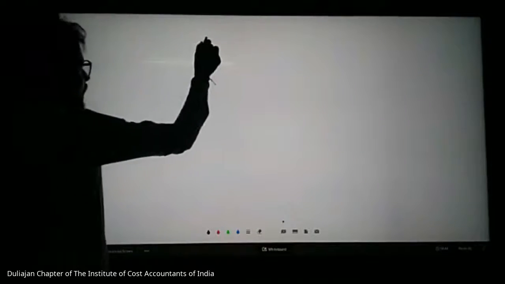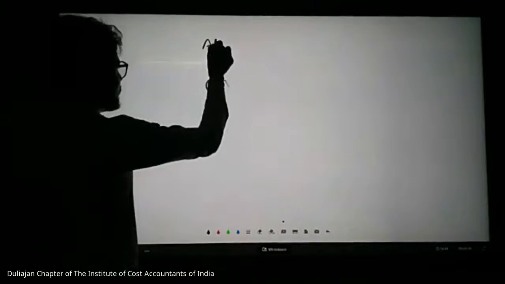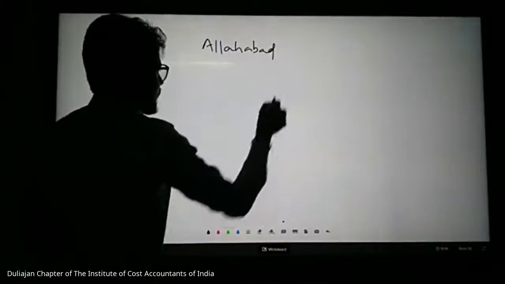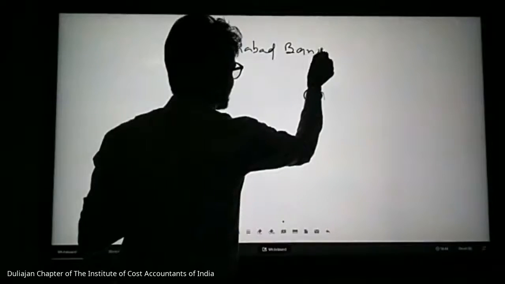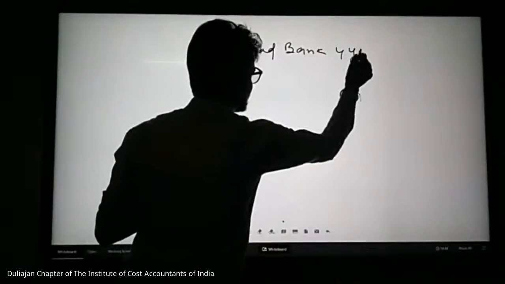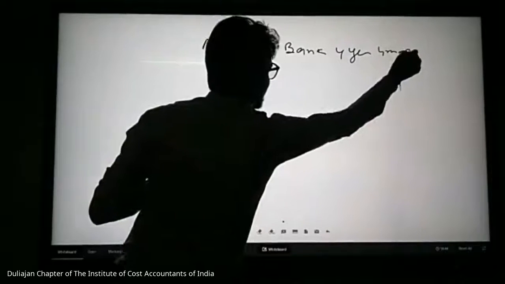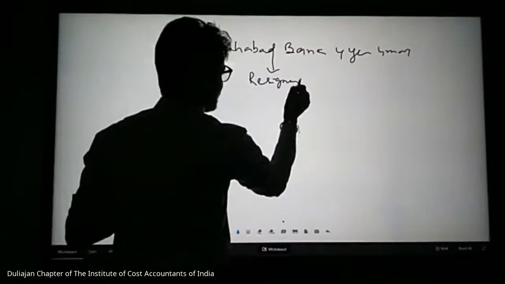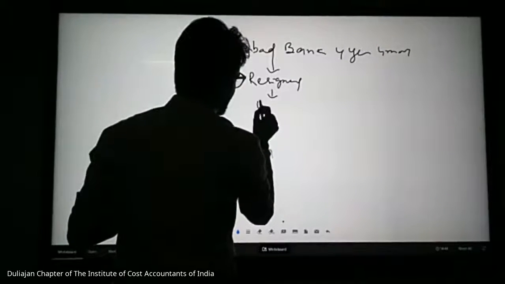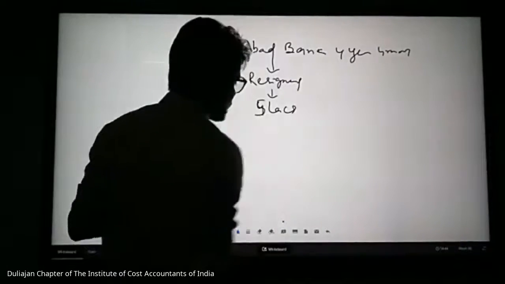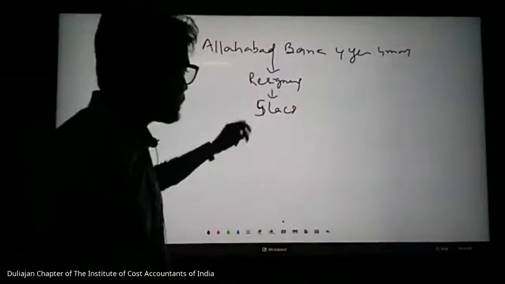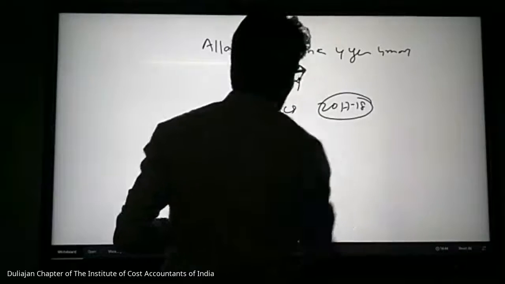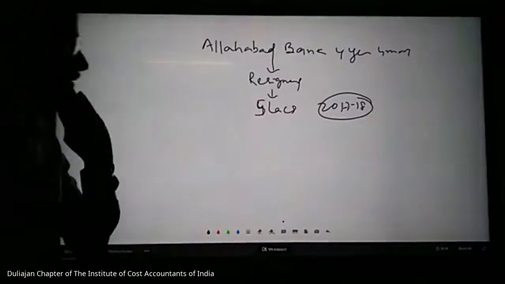Okay. See, suppose I have been working in Allahabad Bank for around 4 years, 4 months. At the time of resigning from the bank, I received gratuity of say 5 lakhs in the year, suppose, 2017-18.